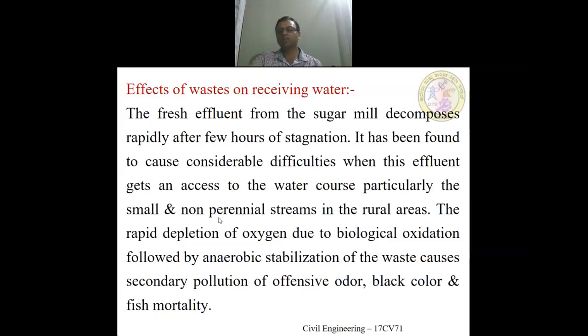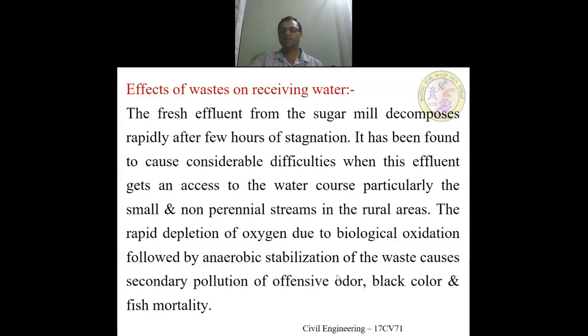Because it has some amount of BOD, if it is disposed on the stream, the river will get polluted, as self-purification will be less. The rapid depletion of oxygen due to biological oxidation followed by anaerobic stabilization of the waste causes secondary pollution of offensive odor, black color, and fish mortality.